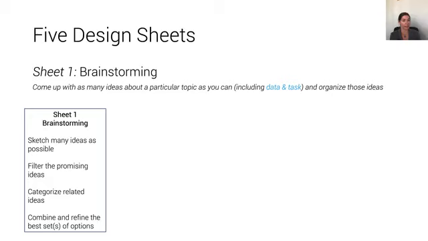And once we have that brainstorming sheet where we're just designing and ideating without judgment, we can pause and filter out and select the most promising ideas and group together related ideas, ideas that might share a common function or work towards a common task. Once we've categorized our ideas, we can combine them and refine the best sets of options to try to figure out what our low fidelity prototype truly looks like.